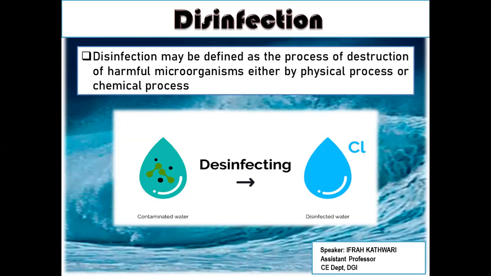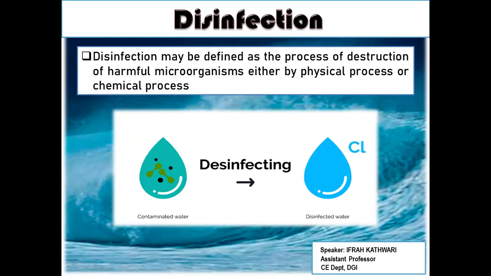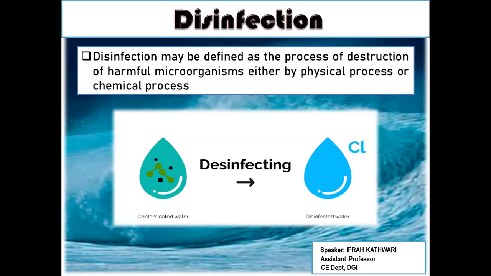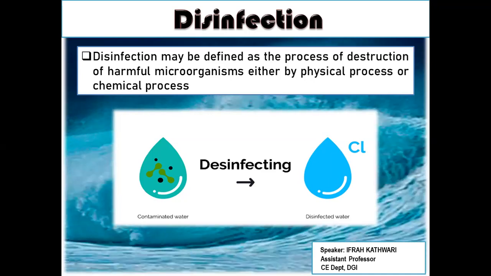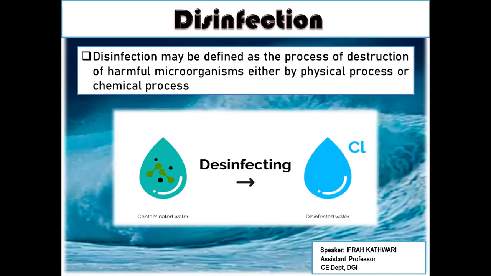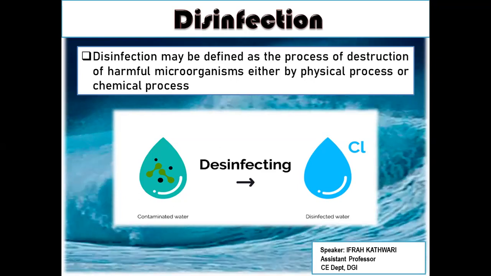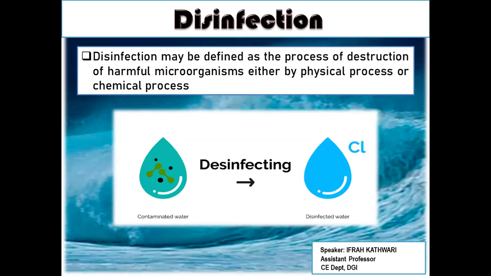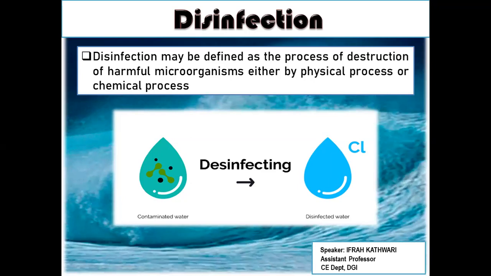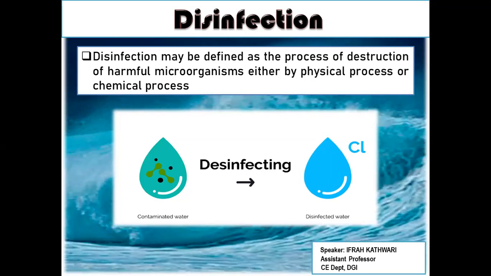In the process of filtration, we remove the microorganisms which are larger in size, like protozoa. Then talking about bacteria or viruses, they can be destroyed with the help of the addition of disinfectants.